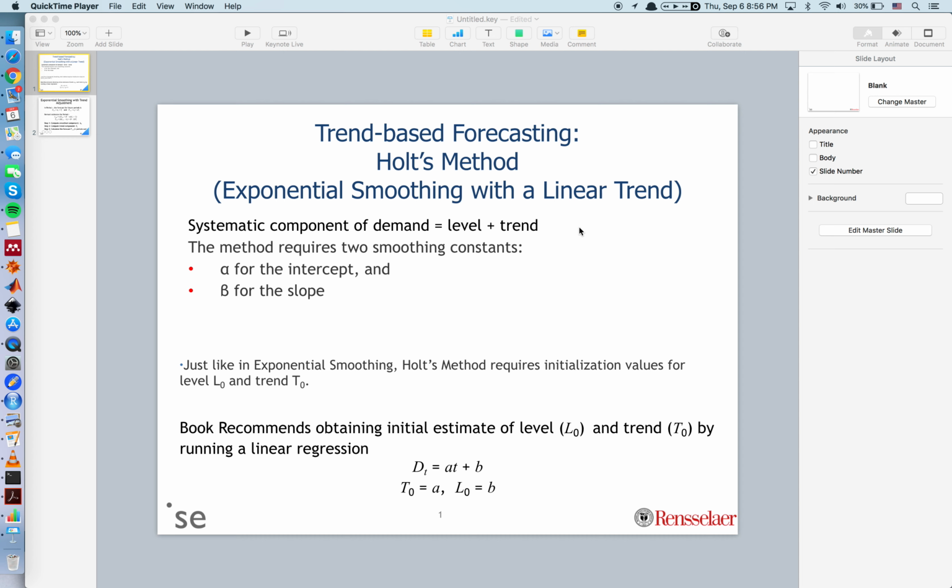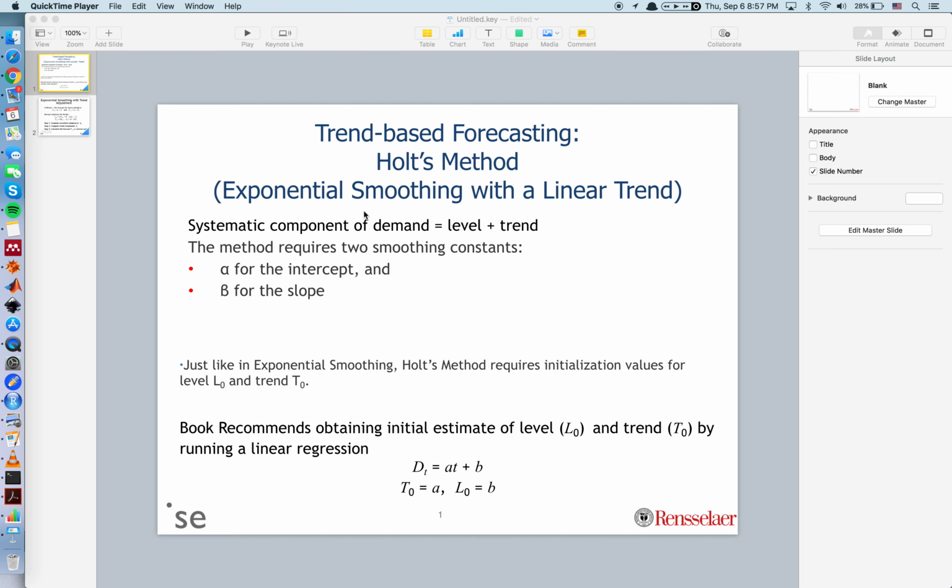But now we're still going to consider a series without a seasonality component, but now with a trend, specifically a linear trend. So the idea now is to estimate, for each period of time, both the level and the trend, and use both of those to make a forecast into the future.